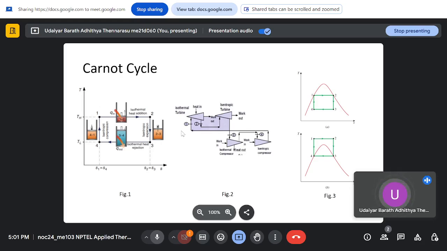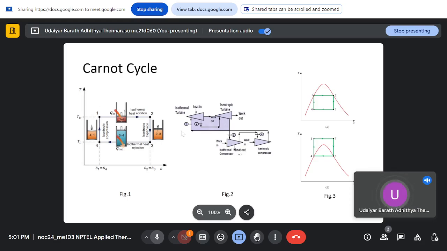So we need a basis to compare our cycle and to see how efficient we can make the cycle, or how much more we can improve it. So we need a baseline, or we need a goal to reach. We are designing cycles, and we are constantly trying to improve them, so we need to have an idea how much can be improved, or which component can be improved.